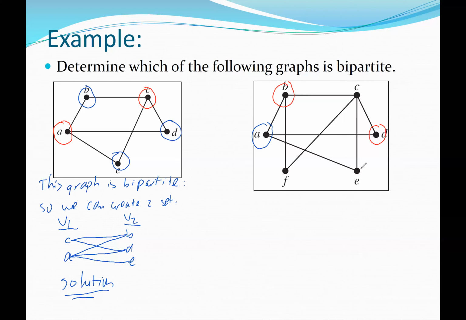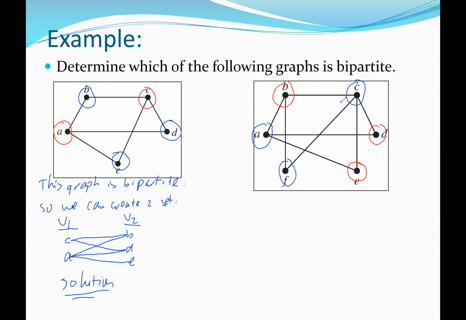And E is also red because it is adjacent to A. Now moving on to B. The neighbor of B is A, which is blue, so that's good. Another neighbor of B is C, and since B is red, C has to be blue. Then B is red, so F also needs to be blue, because F is a neighbor of B.